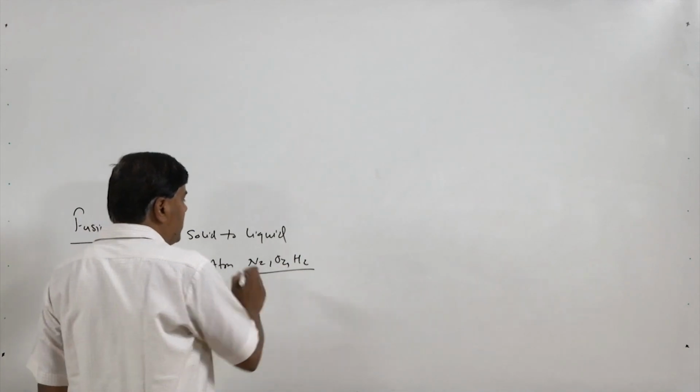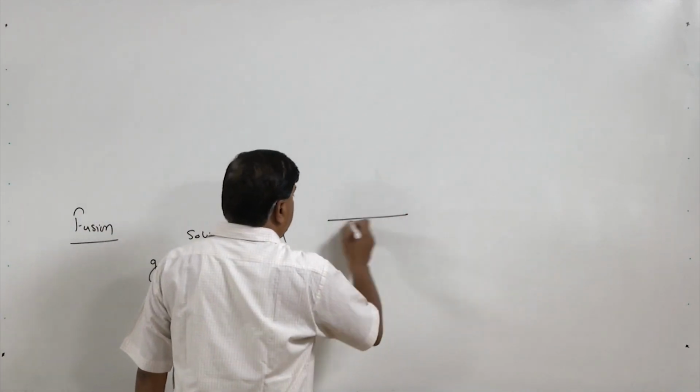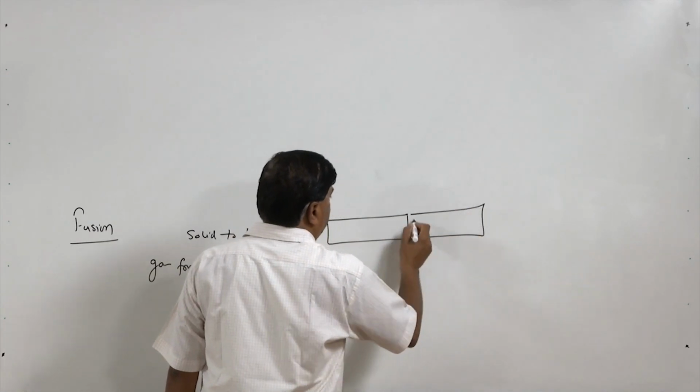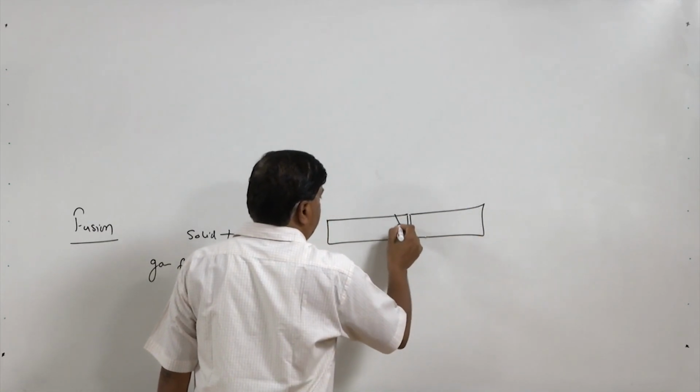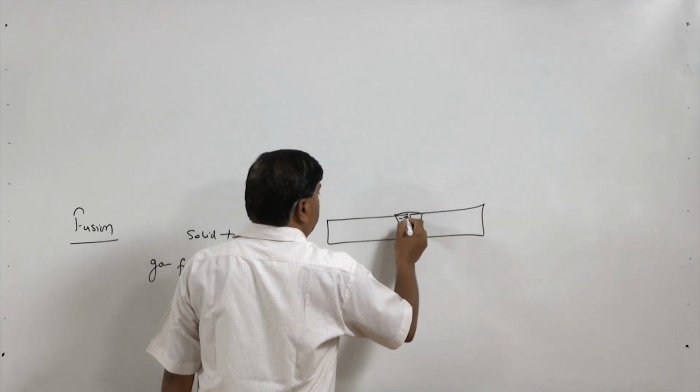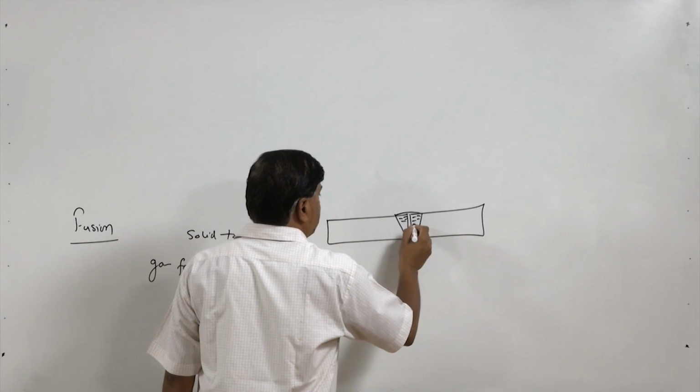Whenever the components to be joined are brought to the molten state, these gases interact with the molten metal in two ways.